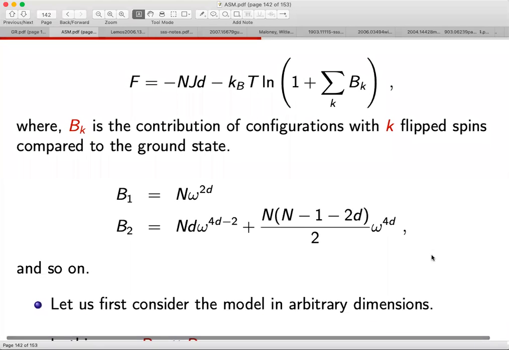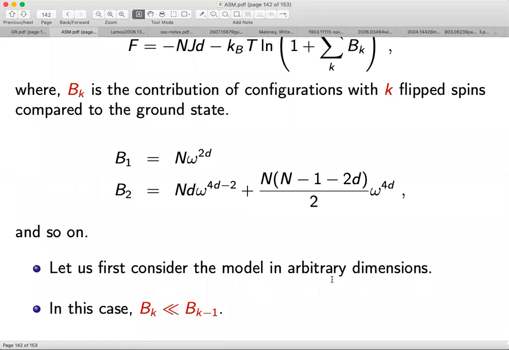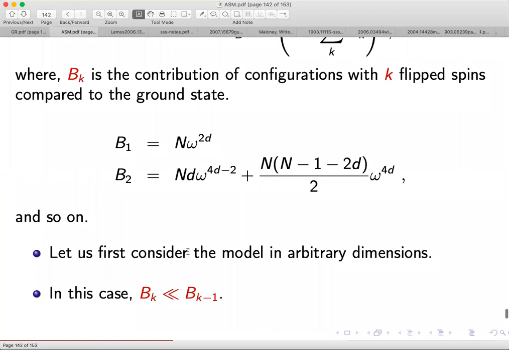Okay. So let's first consider this model in arbitrary dimension, and then we'll restrict ourselves to d equals 1. So first thing is that if you are working in arbitrary dimension, generically d is larger than 1, then you find that bk is much smaller than bk minus 1.